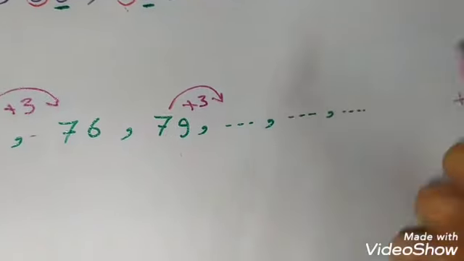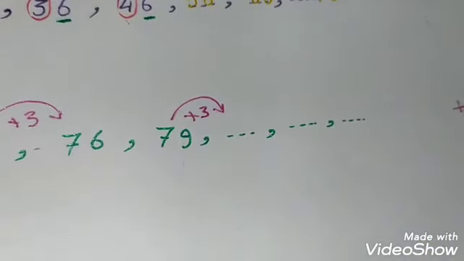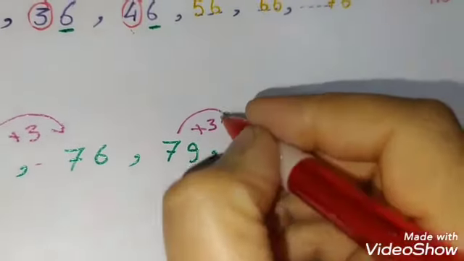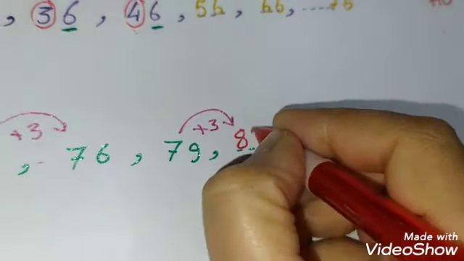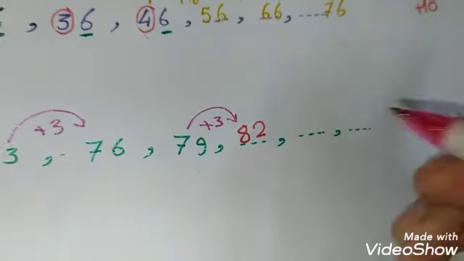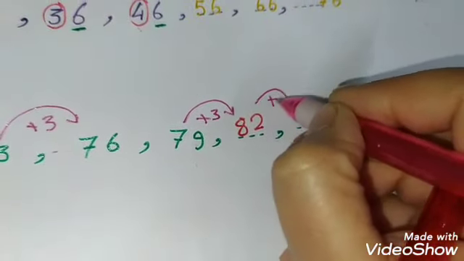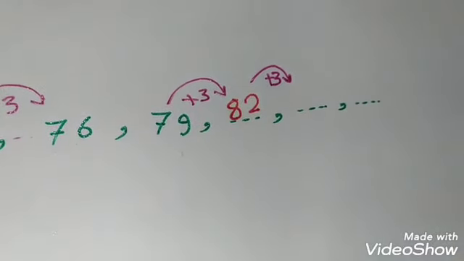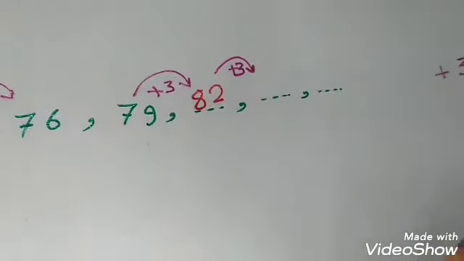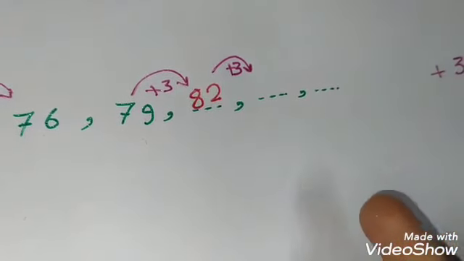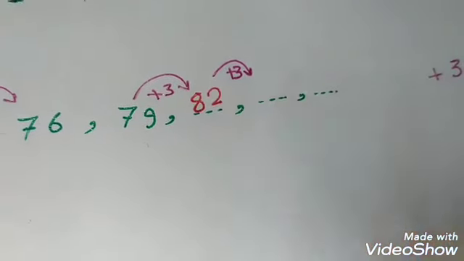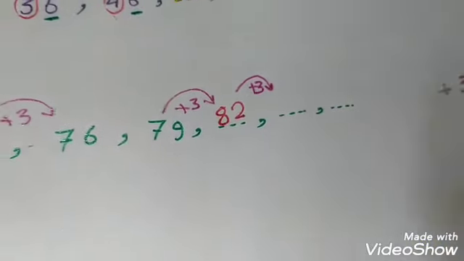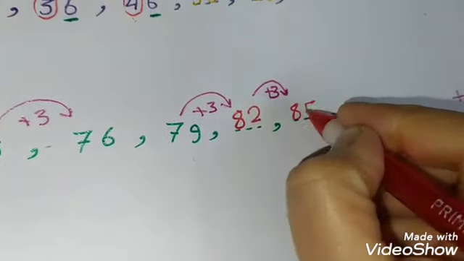Yes, so the next number will be 82. Now add 3. Also, you can use counting on. After 82, 83, 84, 85. So the next number will be 85.